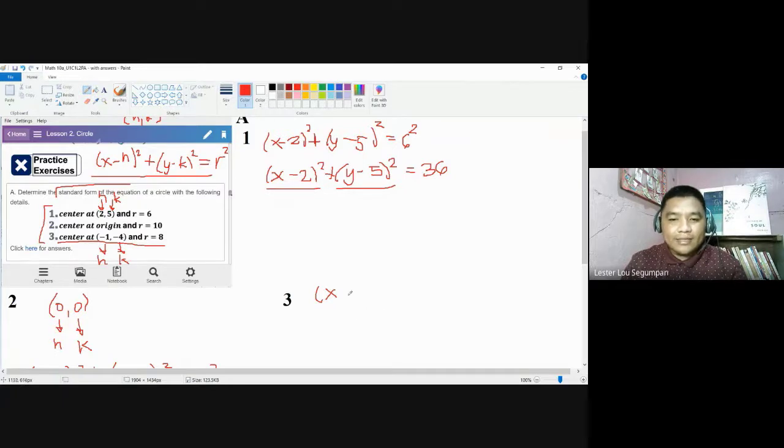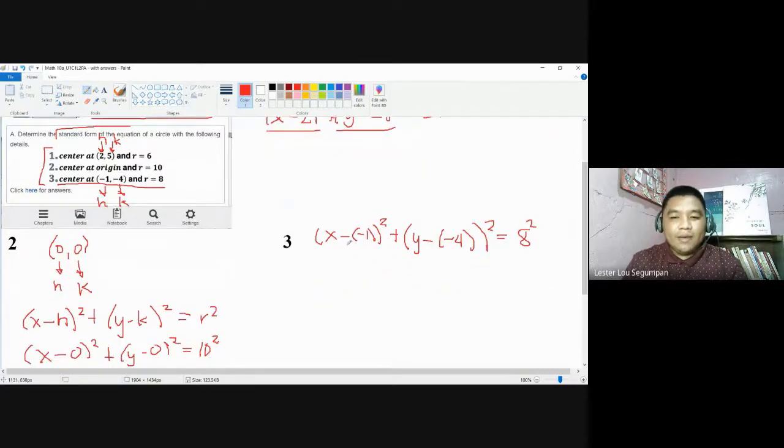So it should look like this: (x minus negative 1) squared plus (y minus negative 4) squared equals 8 squared.